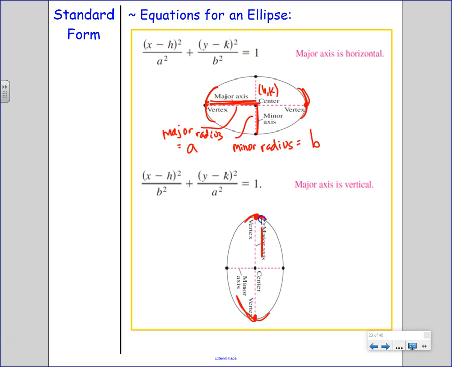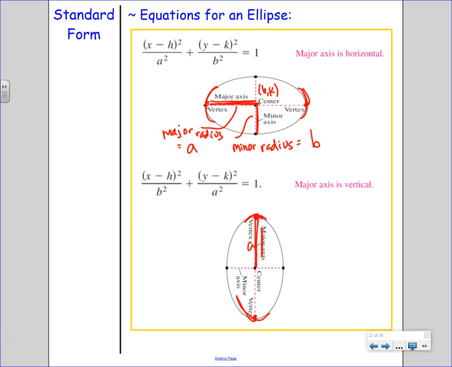In this example, A is greater than B. If you look down here in this example, A is also greater than B because now this time the major is going to be underneath the vertical term because the major radius is vertical.